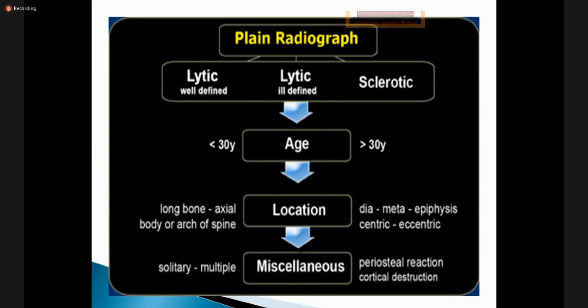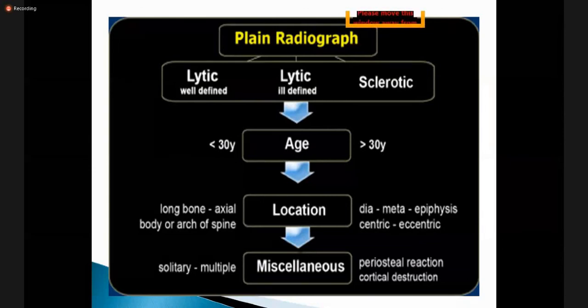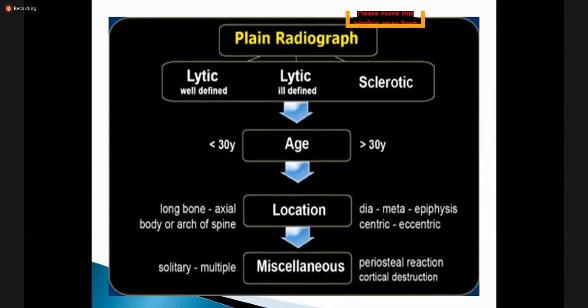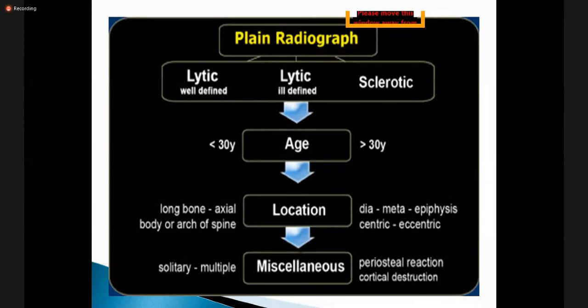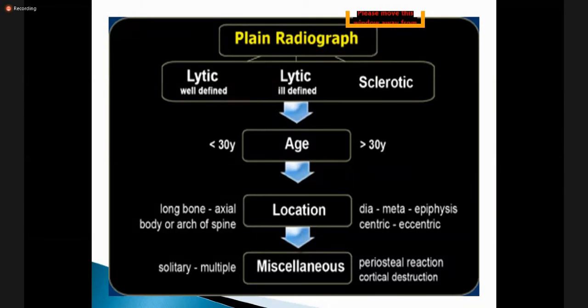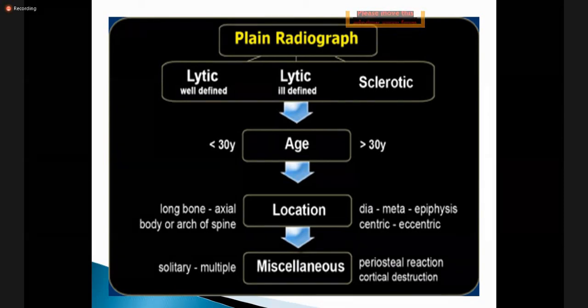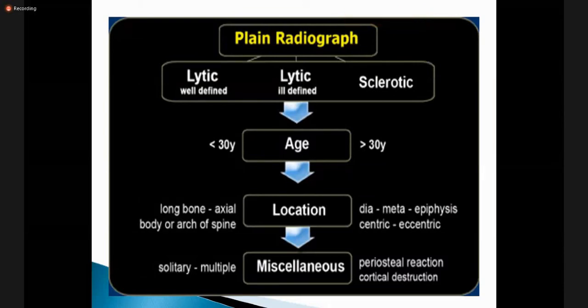When we see a radiograph, we first assess whether the lesion is lytic with a well-defined or ill-defined margin, or it is sclerotic, because certain tumors are sclerotic, otherwise the majority are lytic lesions. Then we assess the patient age, whether it is less than 30 years or more than 30 years. Location in the skeleton, whether axial or appendicular skeleton is involved, or epiphysis, metaphysis, diaphysis, or whether it is in the medullary cavity or the cortex.